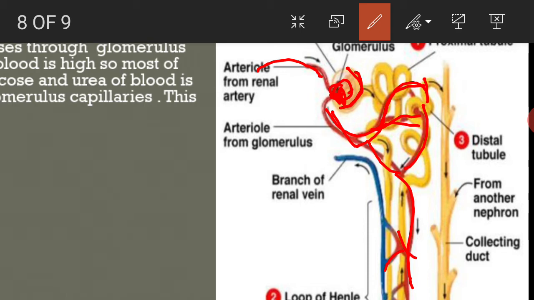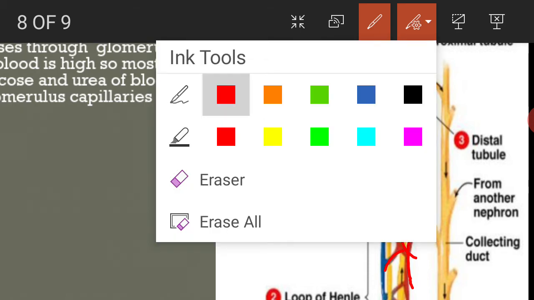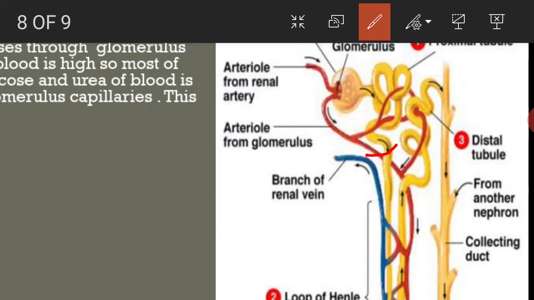Some water and most of the glucose is reabsorbed from the proximal convoluted tubule, the first portion. Here salts are reabsorbed by active transport, and then water by osmosis. Then comes the loop of Henle.